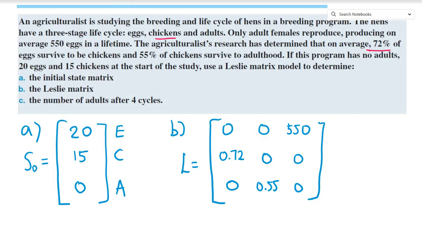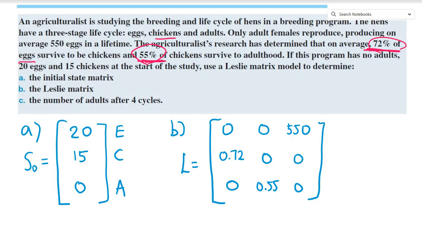We've got the survival rates here. 72% of eggs survive to be chickens. So going from first to second, there's 72%, which you can represent as 0.72. And then chicken to adult is down here, 55%.